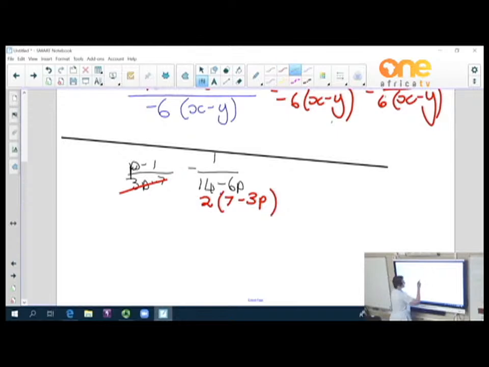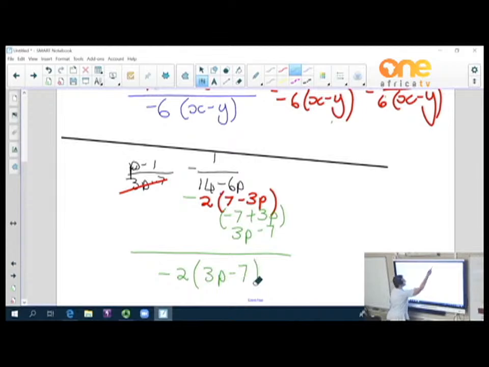And I can change this by multiplying here with a negative 2. So then I also change the signs inside. If you multiply it back, you're back to the original thing. And this is commutative, so it is 3p minus 7, which is now the same as this one. So now my LCM is going to be negative 2, 3p minus 7.